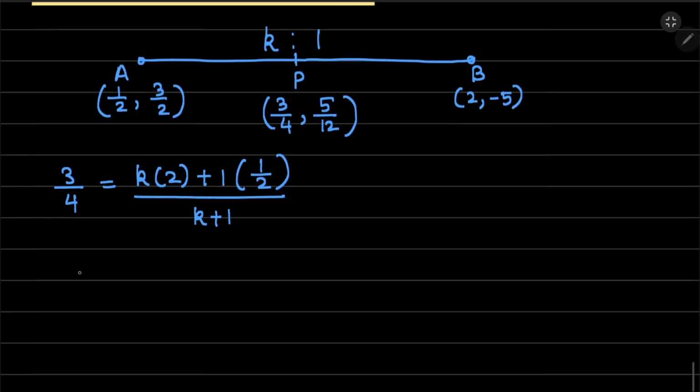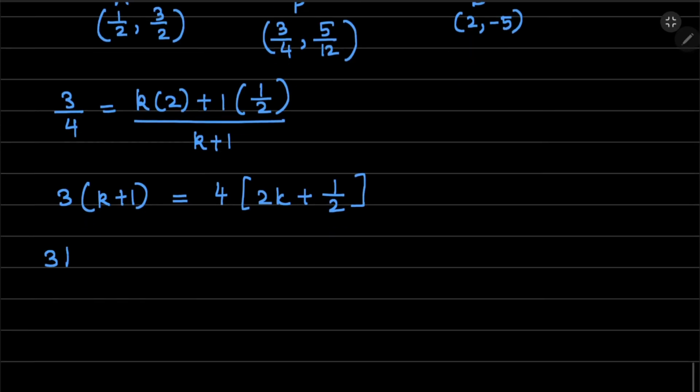Cross multiply. So what do you get? 3 multiplied by k plus 1 is equal to 4 multiplied by 2k plus 1 by 2. I've just cross multiplied.